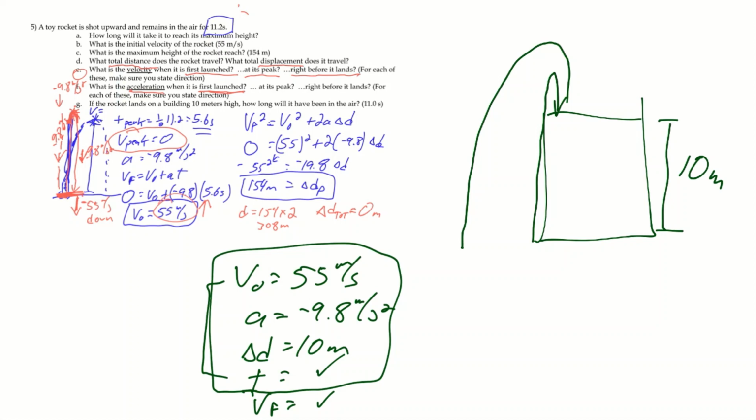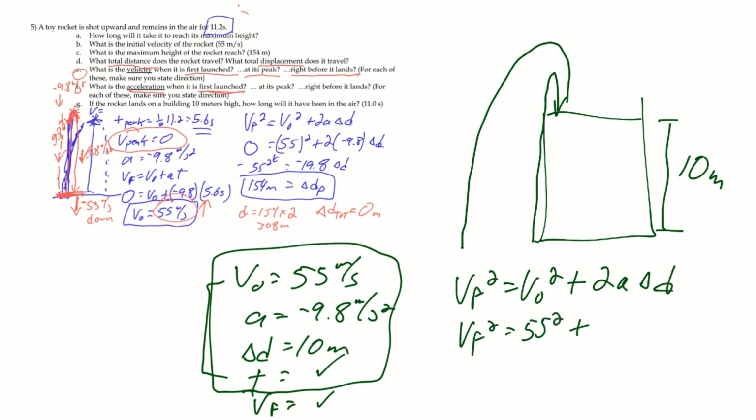So let's find V final. For V final, we'll use this one again. VF squared equals VO squared plus 2AD. VF squared equals 55 squared plus 2 times negative 9.8 times delta D, which we know. Oops, we do know that, don't we? 10.